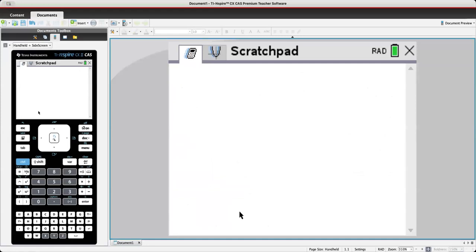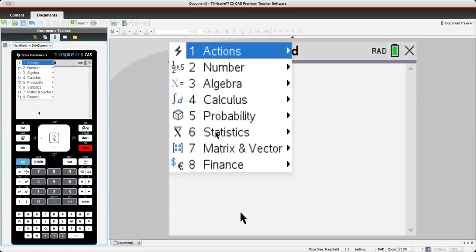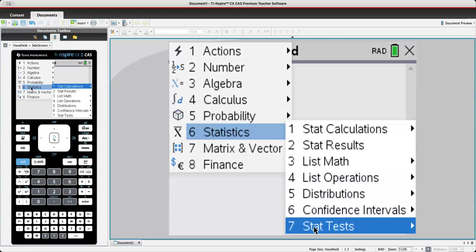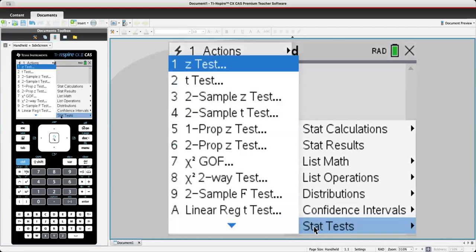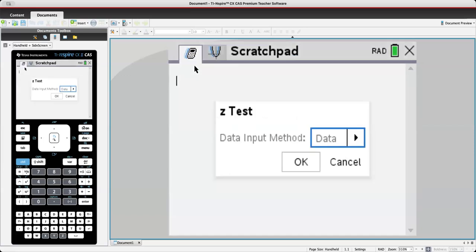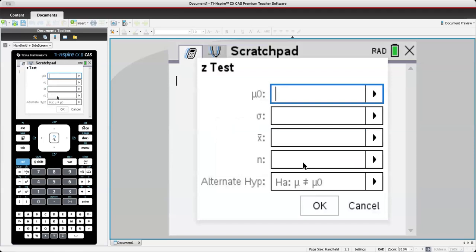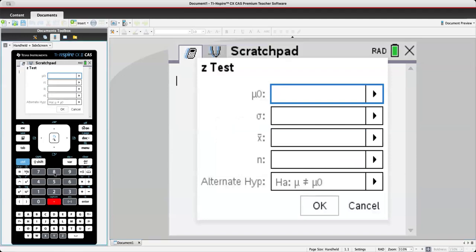There we go. Okay. So from the scratch pad, I'm going to go to menu, statistics, stat tests, and then this is a one sample z-test for mean. So it's the first one there, z-test. And then I am going to input the data manually. So I'm going to choose stats. And so mu sub naught was 0.86.